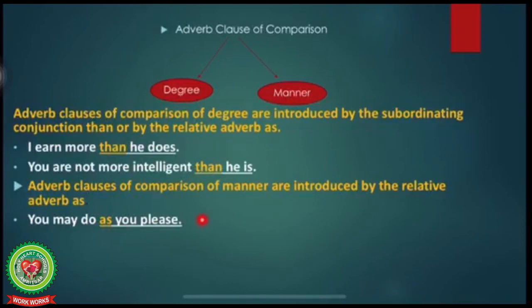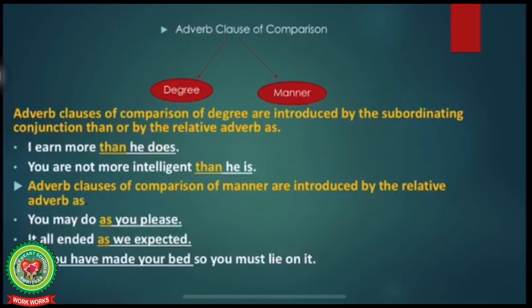So as you please is an adverb clause of comparison. It all ended as we expected. So as we expected is a subordinating clause, and as denotes that it's a subordinating conjunction of comparison, that is manner. So as we expected is an adverb clause of comparison.